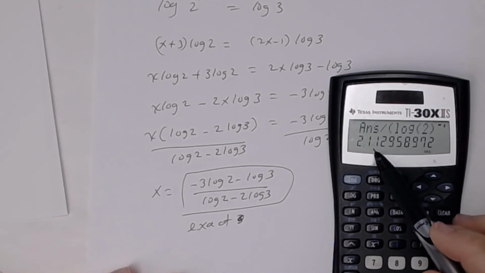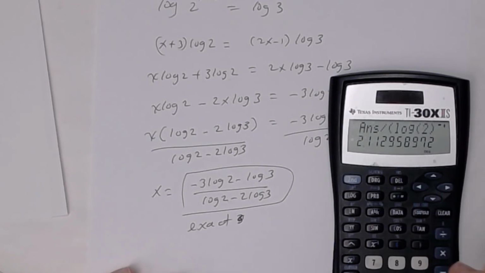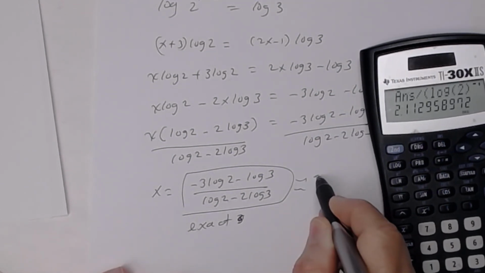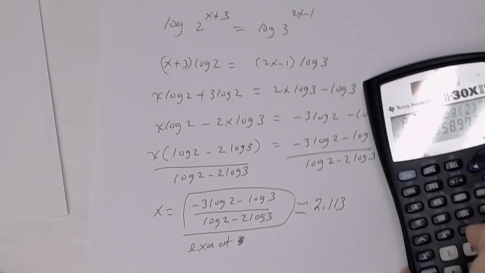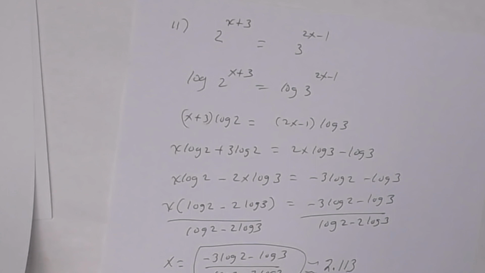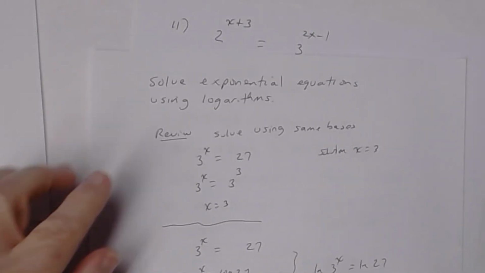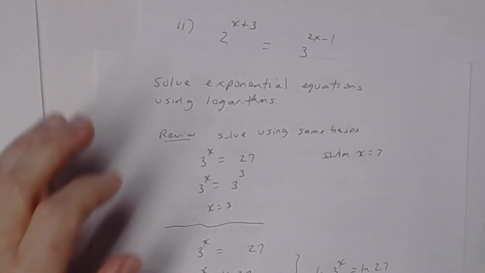That's a 9. So x is approximately equal to 2.113. All right, and so that's it. So I think you should now have a very good idea how to solve exponential equations using logarithms.